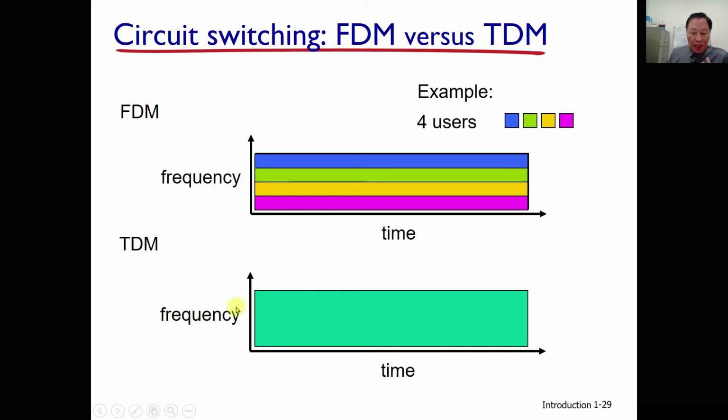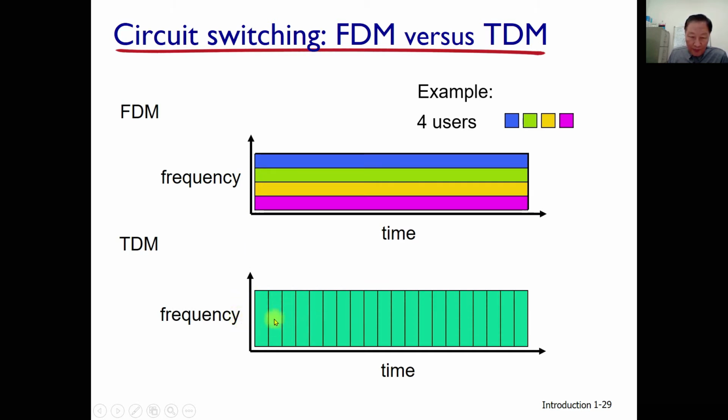Many users are trying to use the single resource, so we should share. And how can we share? Depending upon the frequency range, we can share, or depending upon time slices, that can be shared, like this.